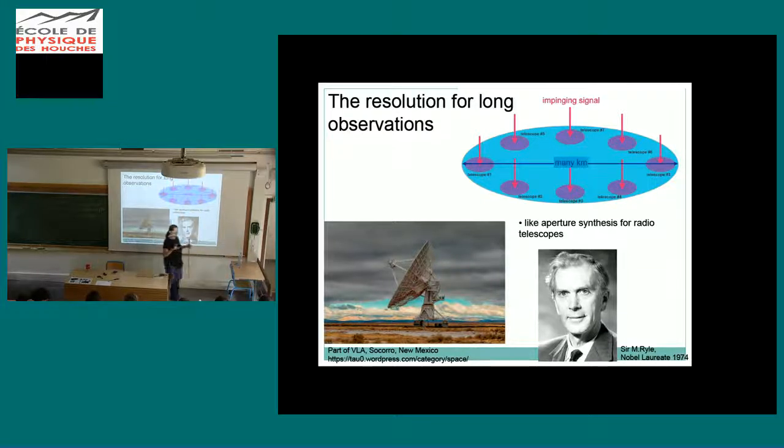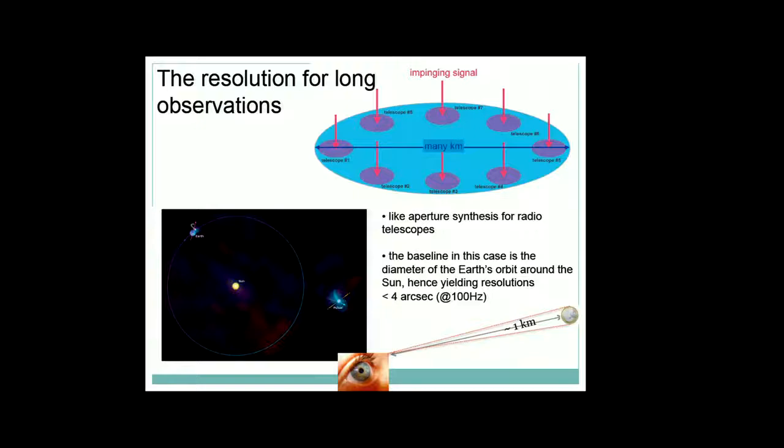It's as if we were combining the data from many telescopes that have a baseline which is basically the radius of the Earth orbit around the sun. So this is the concept, basically, of aperture synthesis for radio telescopes. And so you understand there that the resolution here becomes very quickly very, very high.